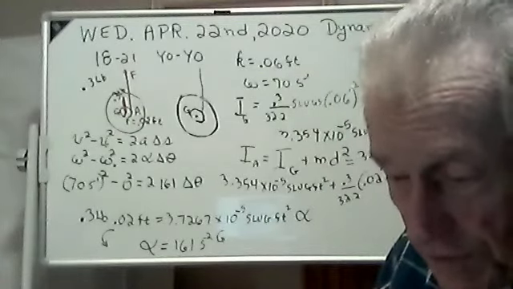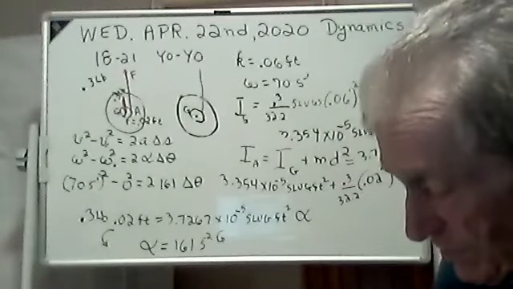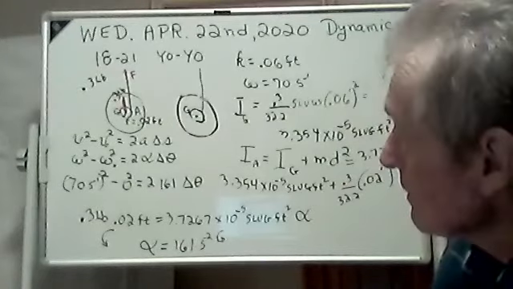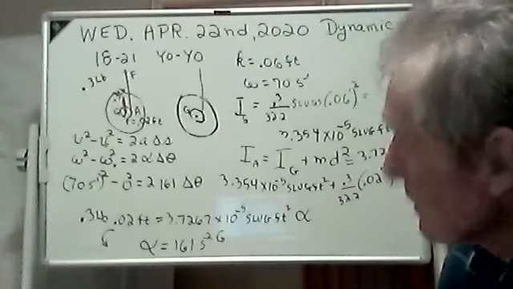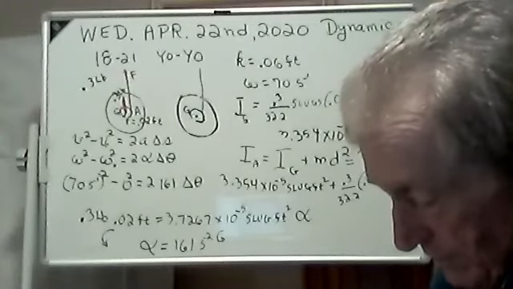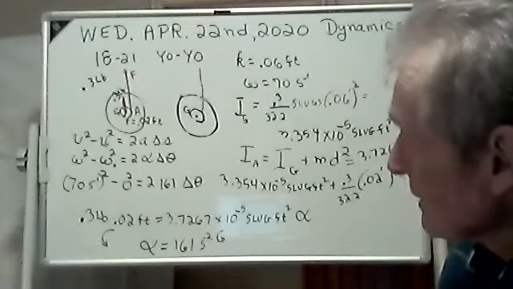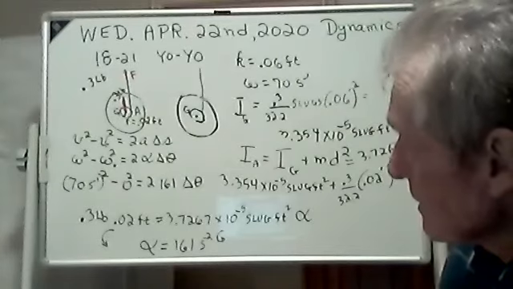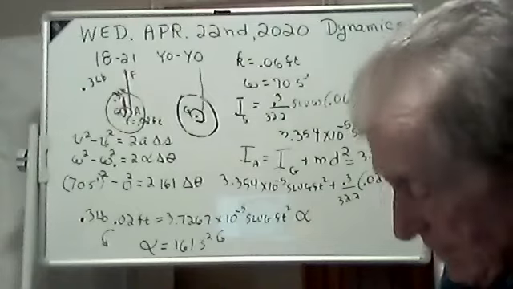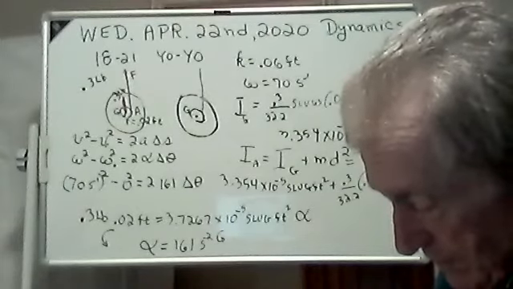Boy, that's a funny noise I'm hearing. All right, here we go. 70 squared. And then what do you do? You divide by 2, divide by 161. Yeah, that doesn't look right. Let me do that again. 70 squared, divide by 2, divide by 161.